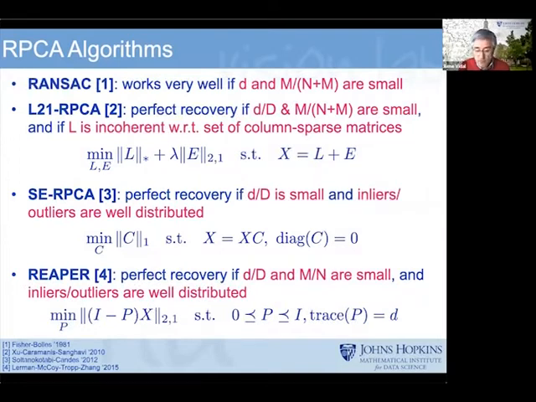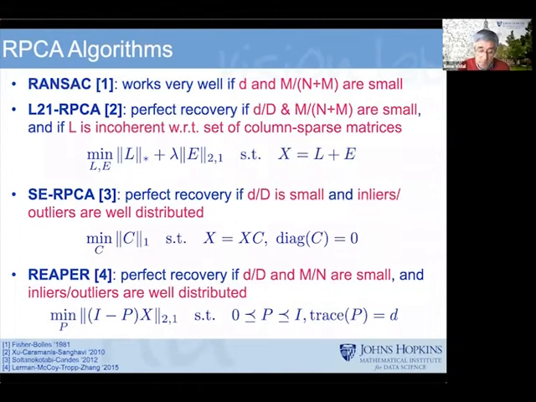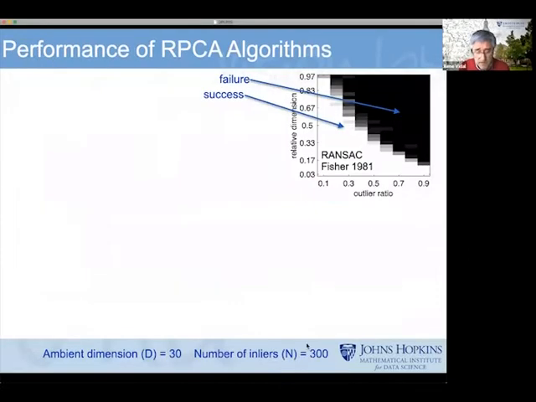Instead of enforcing the rank constraint so that you get a low dimensional subspace, which would be a non-convex constraint, you typically relax it and require this orthoprojector to belong to the positive semi-definite cone, and you enforce a constraint on the trace to approximate the rank D constraint. This method is called Reaper, and you will see in a moment that it's currently one of the best methods. So in fact, let me show you how these methods actually work in practice.